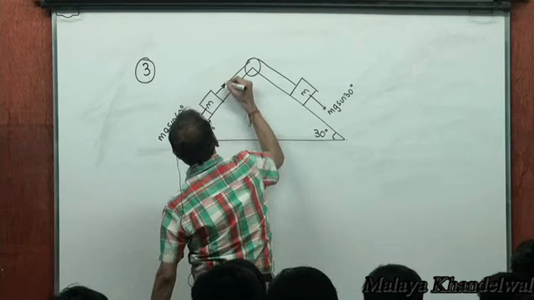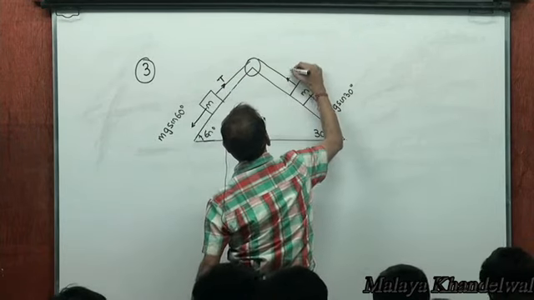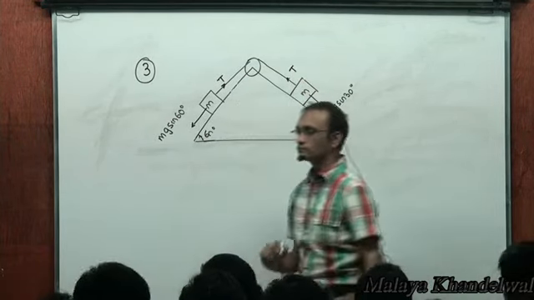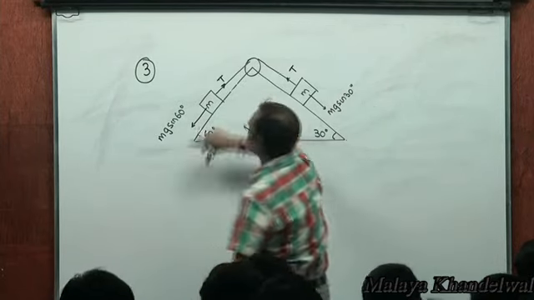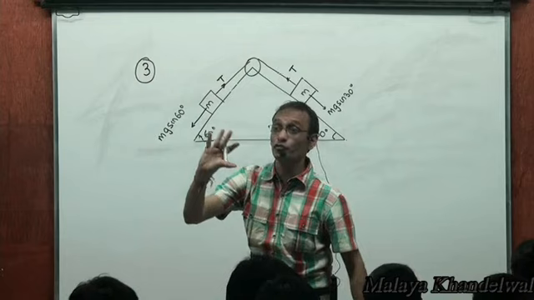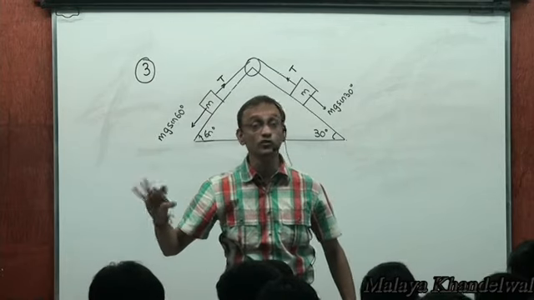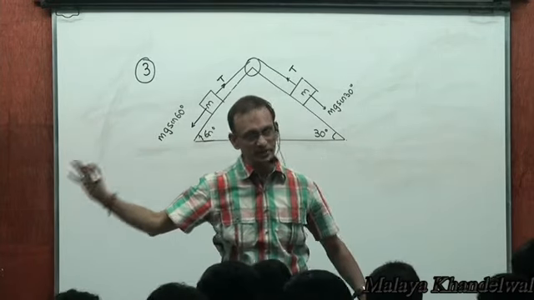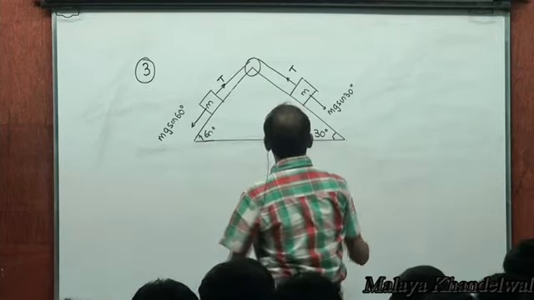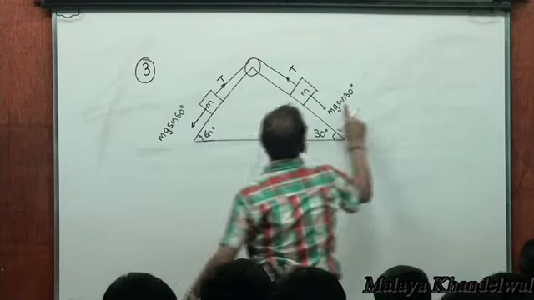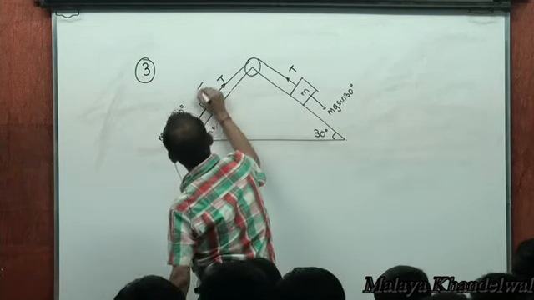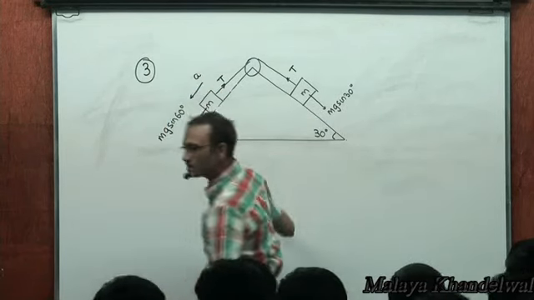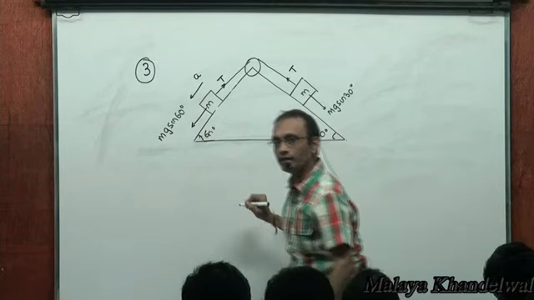Then there is tension T, tension T. Now, if I look at the two masses and the string as one unit, then tension would be deemed internal. It will require no further representation, right? So then the whole thing, since mg sine 60 degrees is more than mg sine 30 degrees, the whole thing will have an acceleration a like this, right?